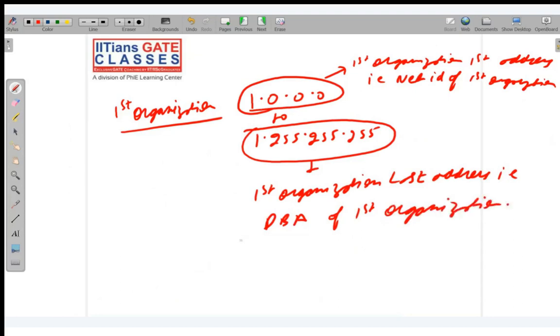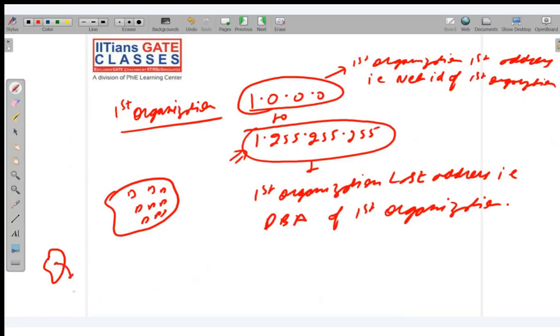What do you mean by direct broadcast address? If a packet has this address, and you are somewhere in the internet while this is your first organization, and you want to send a packet to each and every computer in this network, then you will use this address.